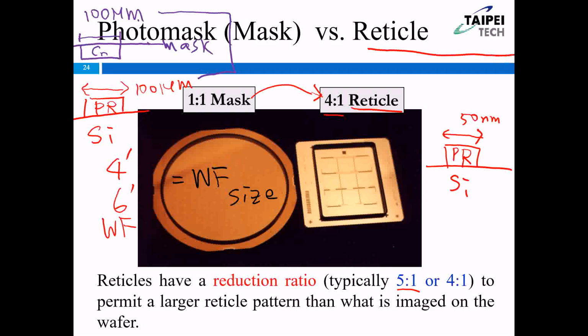We can use the reticle, and for this reticle, you can use 200 nanometer in width, okay? And then we can use some reduction lens.